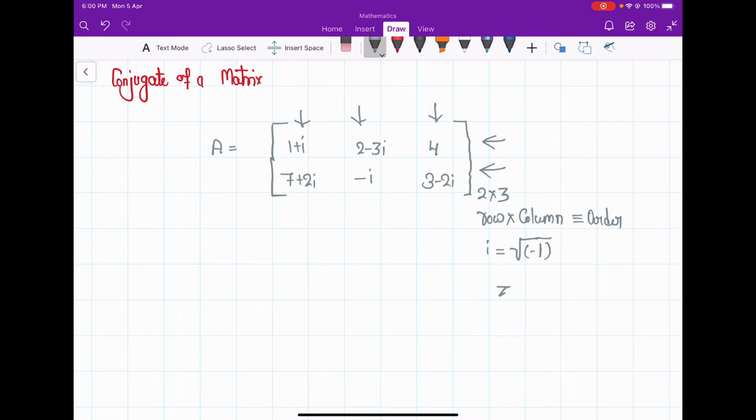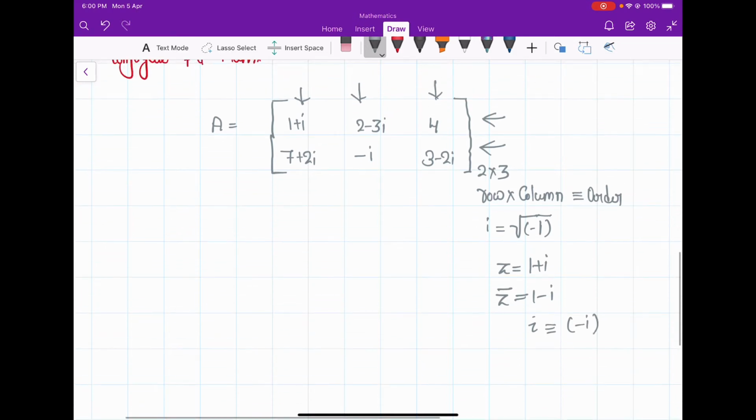Suppose Z is given as 1 plus i, so the complex conjugate will be 1 minus i, where i is replaced by minus i. Similarly, in this case, the conjugate of A, that is A bar, will be written as: the first term will be 1 minus i.